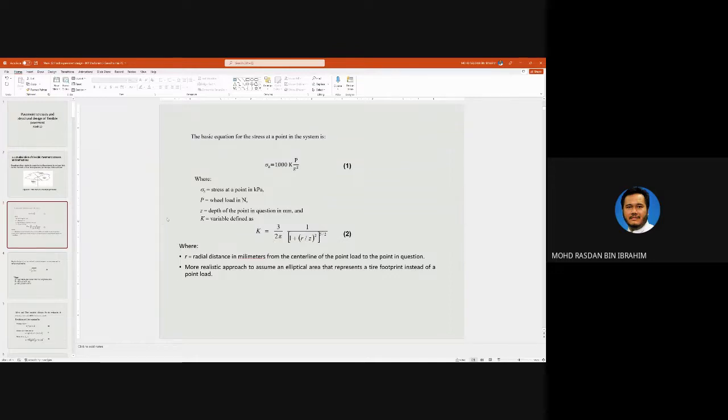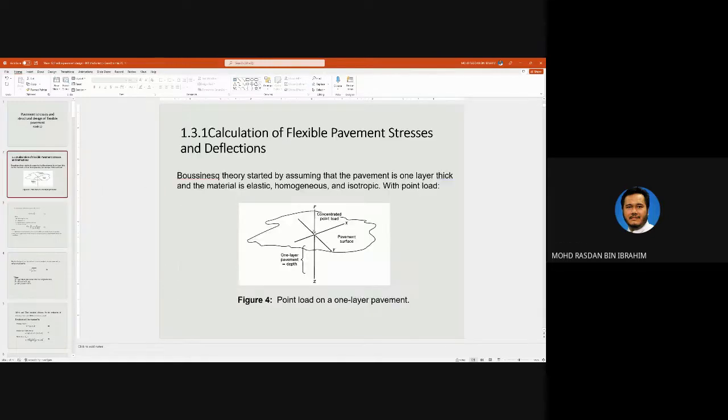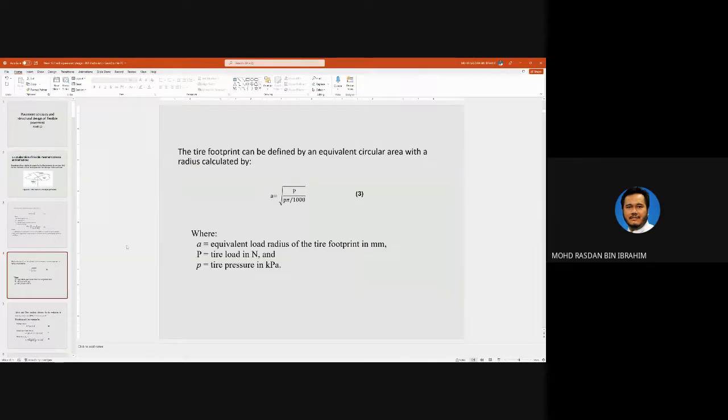This estimation can be a little bit inaccurate because the loading is a point load. Instead of a point load, the loading that is transferred by the vehicle's tires to the pavement is actually circular or maybe an ellipse.